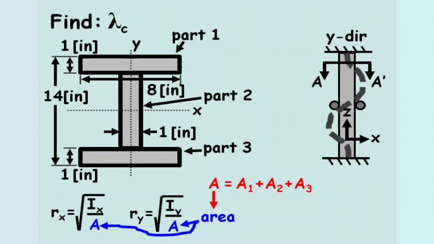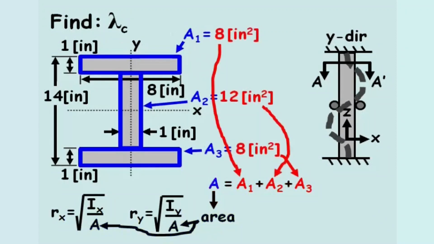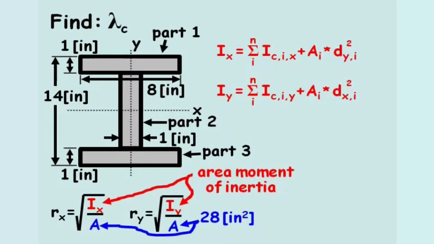If we add 8 inches squared plus 12 inches squared plus 8 inches squared, the total area equals 28 inches squared. The area moment of inertia, I, is computed about the x-axis and y-axis.